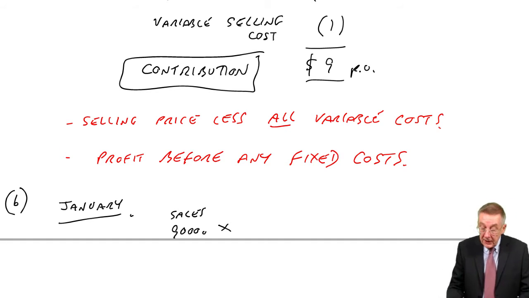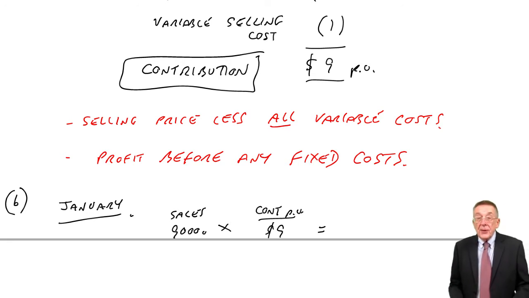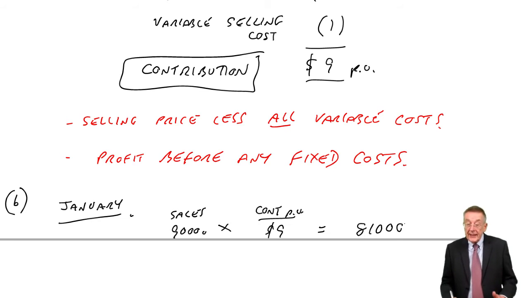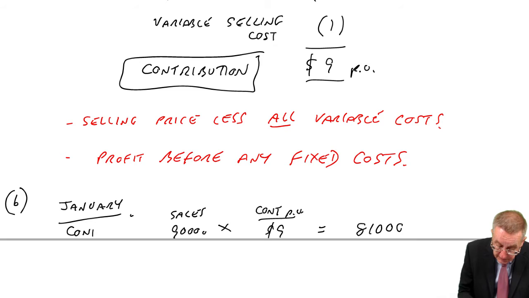The contribution per unit is $9. So that means we expect a profit of 81,000 before any fixed costs. So that's the contribution that we're budgeting on.